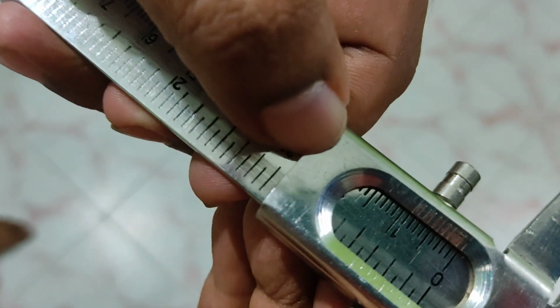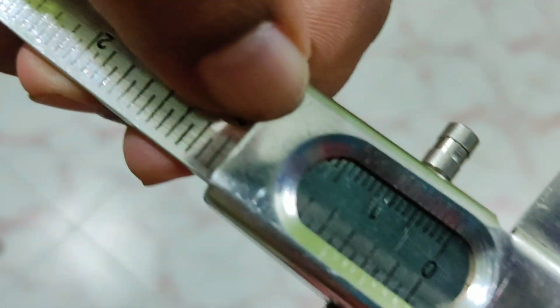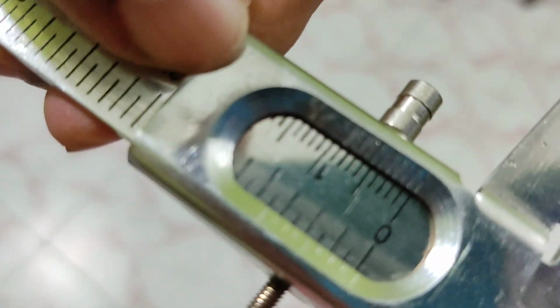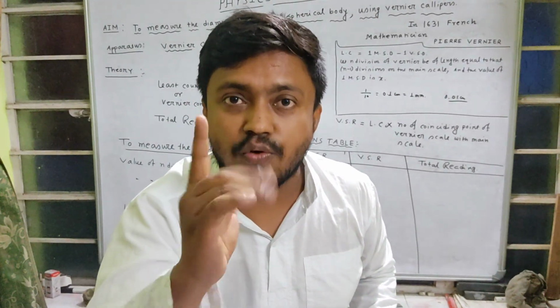If you look very carefully, I think it is clear, students? So when the two jaws are brought to touch together, the 10 vernier divisions match with 9 main scale divisions, meaning one value is less.